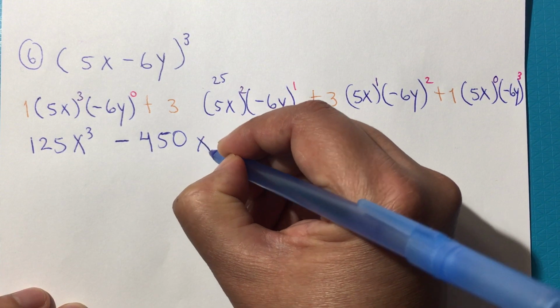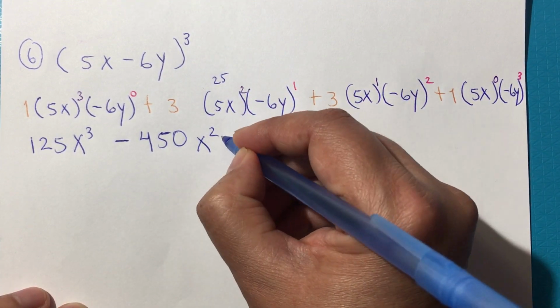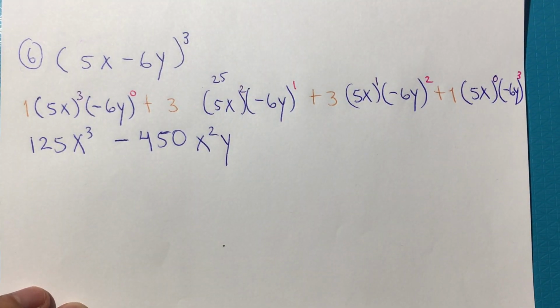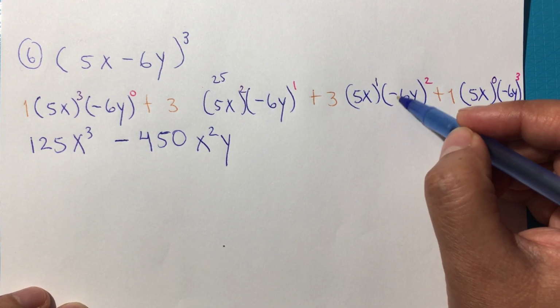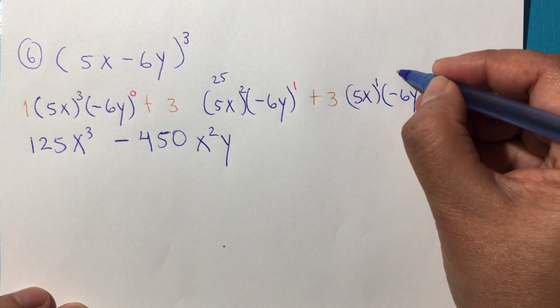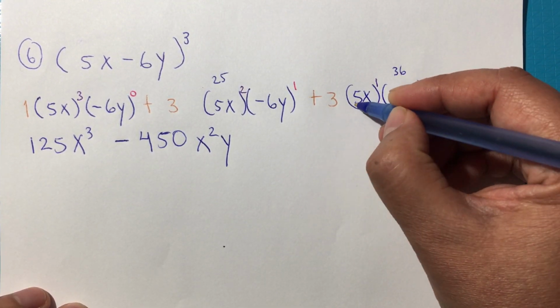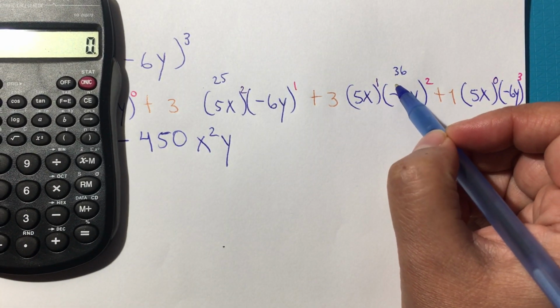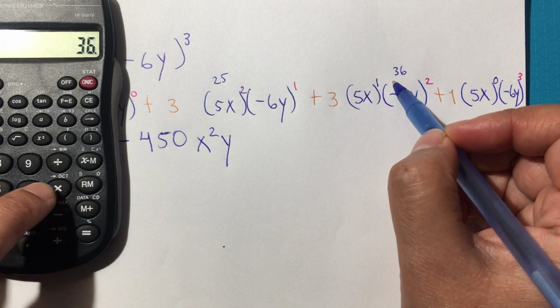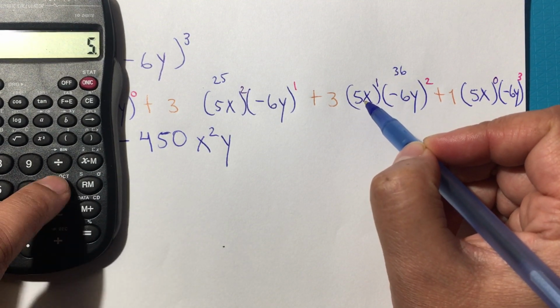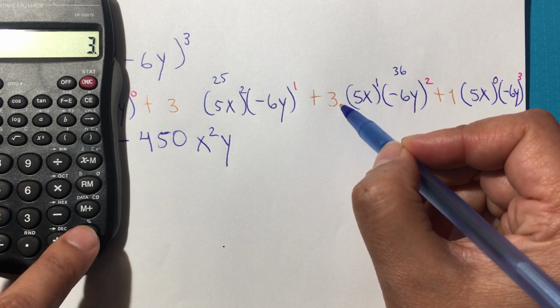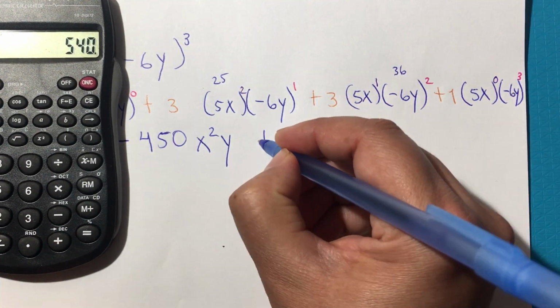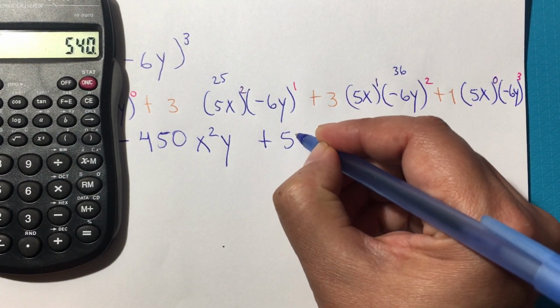For the x is going to be x squared, and y to the first power, but we don't need to put it. Okay, now in here is going to be negative 6 squared. It's going to be 36 times 5 times 3. And let's just use our calculator. 36 times 5 times 3 is 540.